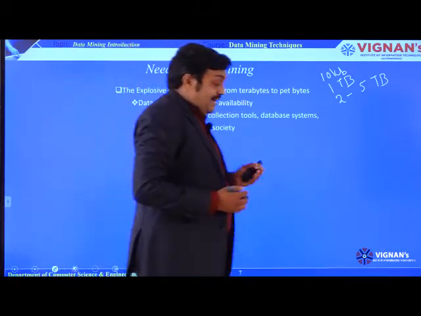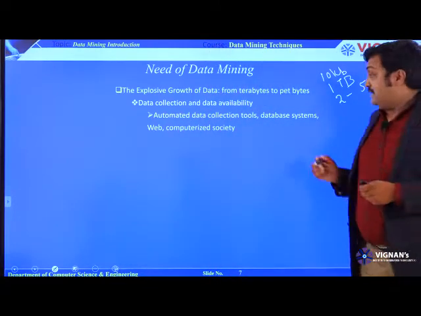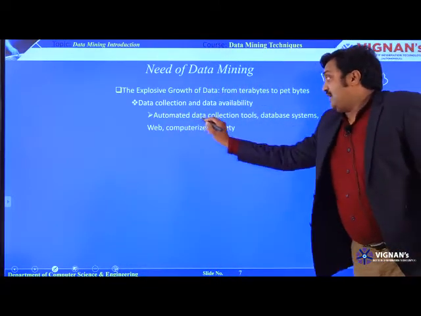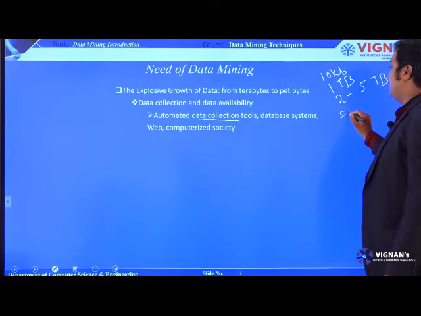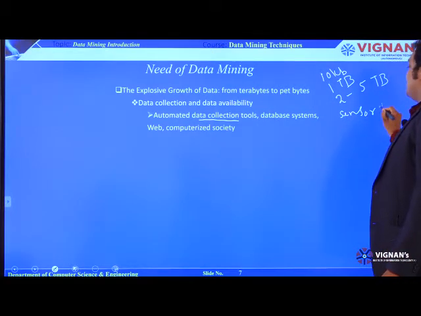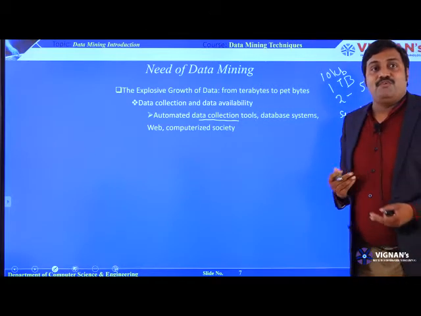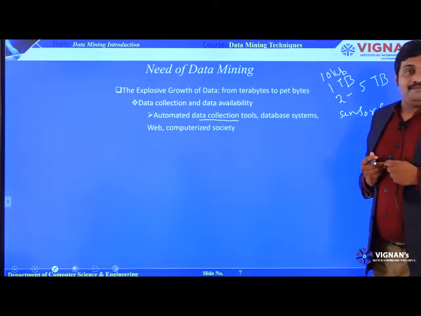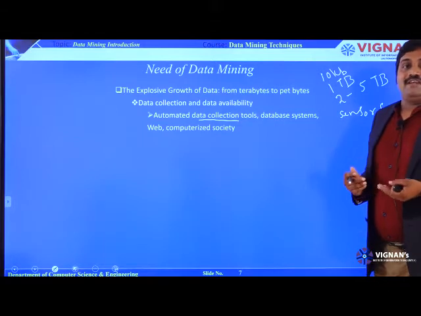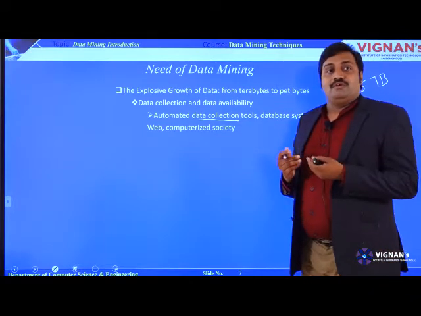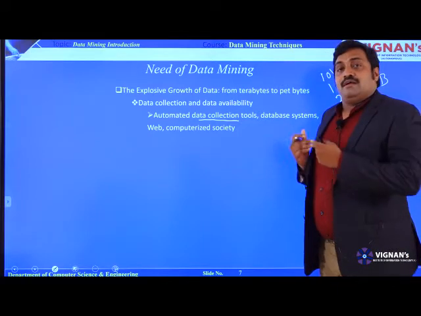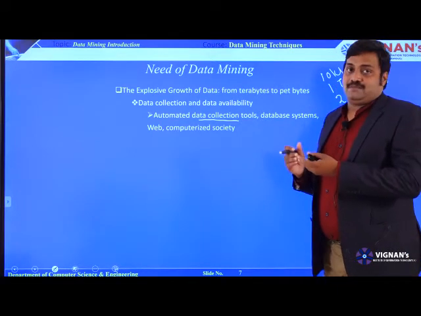We have various automated data collection tools and sensors. Whenever we use our mobile apps, nowadays health is very important, so we add health-related apps.